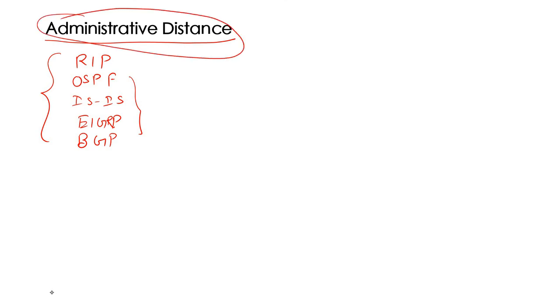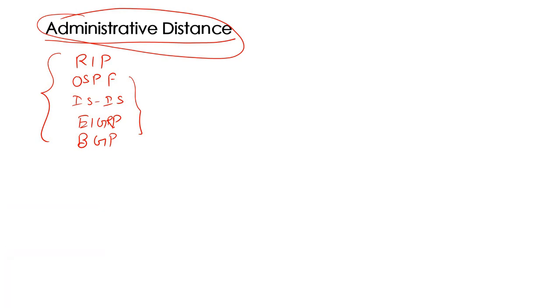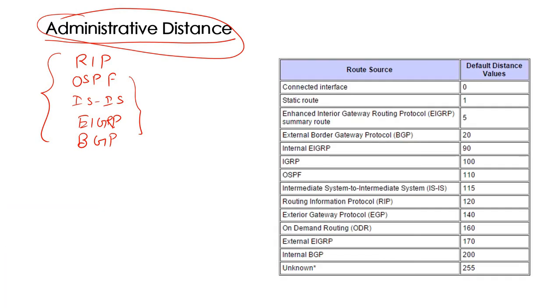It is a priority type of thing which says that whenever you have multiple routing protocols running, please use the administrative distance. Always the lower AD value, administrative distance value, is preferred.